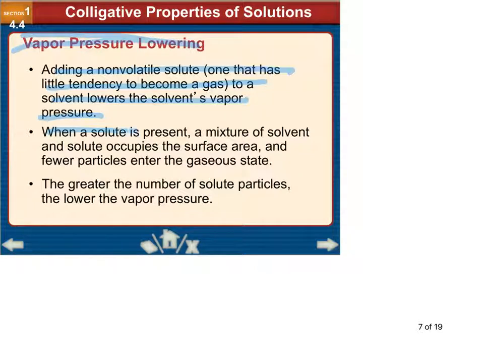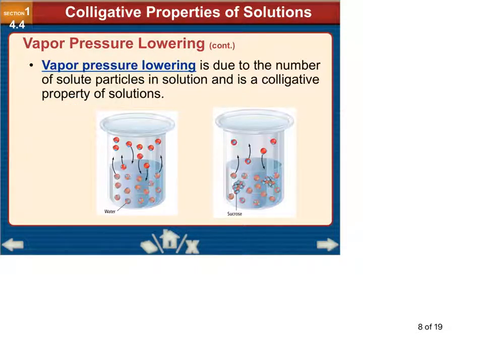When the solute is present, a mixture of solvent and solute occupies the surface area and fewer particles enter the gaseous state. The greater the number of solute particles, the lower the vapor pressure. Vapor pressure lowering is due to the number of solute particles in a solution and is a colligative property of solutions.